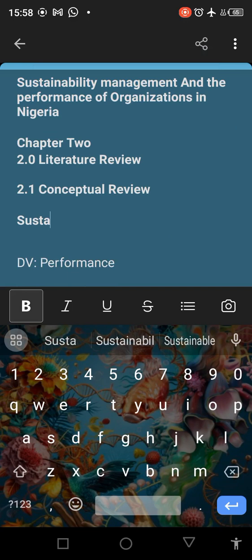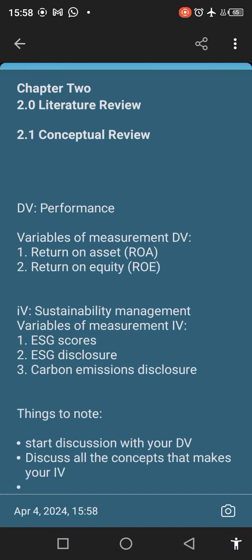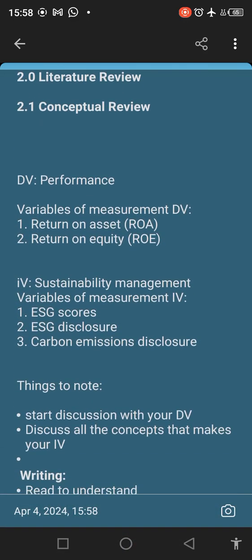The number 1 rule says that I must start my discussion with my dependent variable. If you could recall, the dependent variable I have here is performance, and I have variables of measurements for my performance here. Now, if I want to start following the rule, I will have to start with my dependent variable.